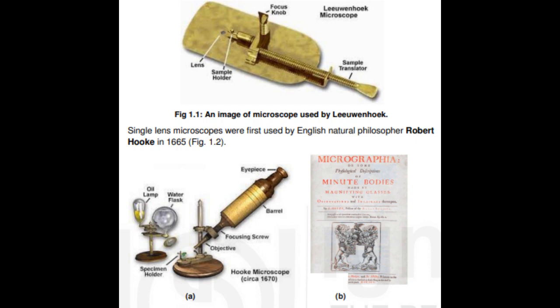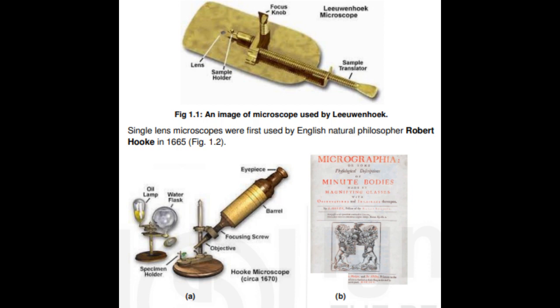Single-lens microscopes were first used by English natural philosopher Robert Hooke in 1665. Fig. 1.2. A. The microscopes used in earlier times by Robert Hooke. B. Image of cover page of Micrographia.